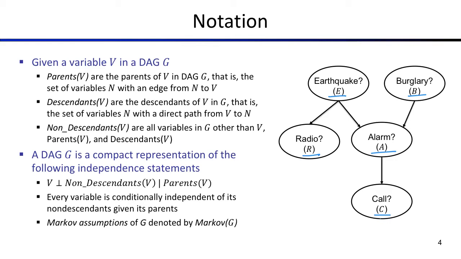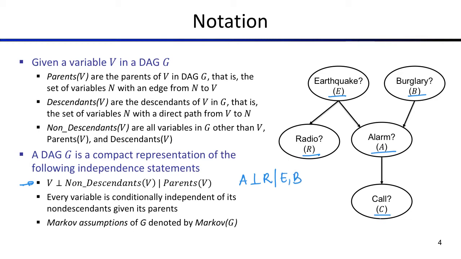And the independence statements have this form here. The variable is independent of the non-descendants given the parents. So we are saying here that A is independent of R given the parents that are E and B.